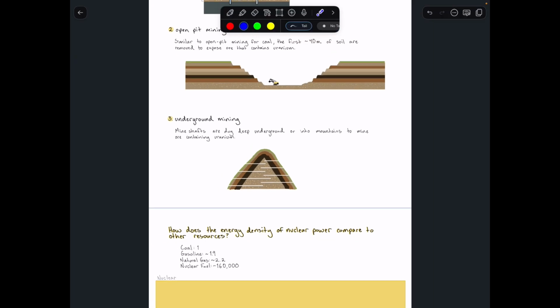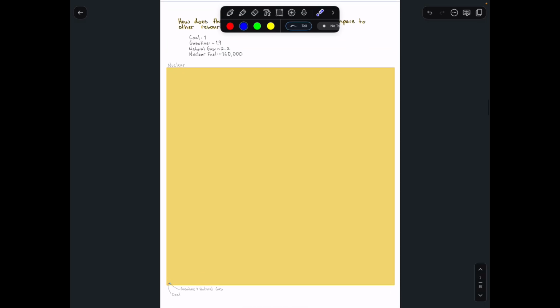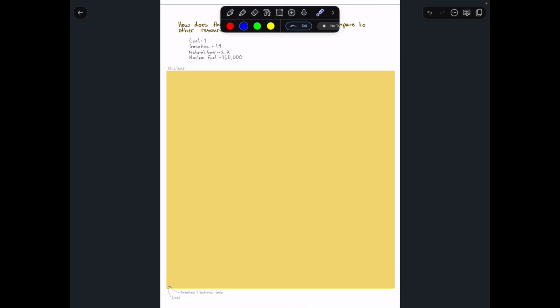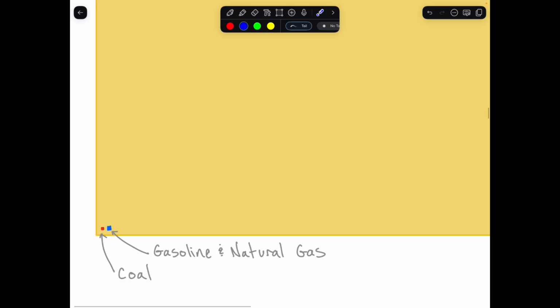So in order to visualize this, I've actually drawn a little diagram. I'm going to call it roughly to scale. So if we use the area of these squares as equivalent to the energy density of a fuel, if we go all the way down in this bottom corner, we can see this little red square represents coal, and the blue square represents the energy density of natural gas and gasoline.